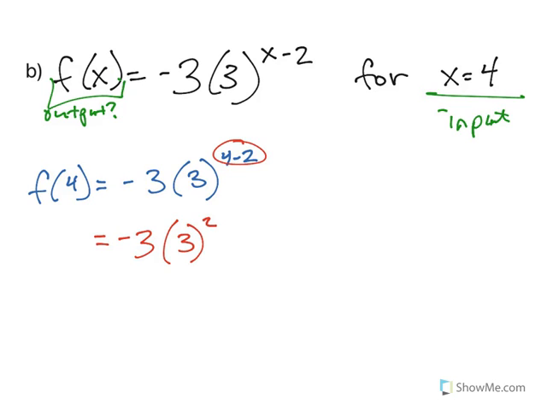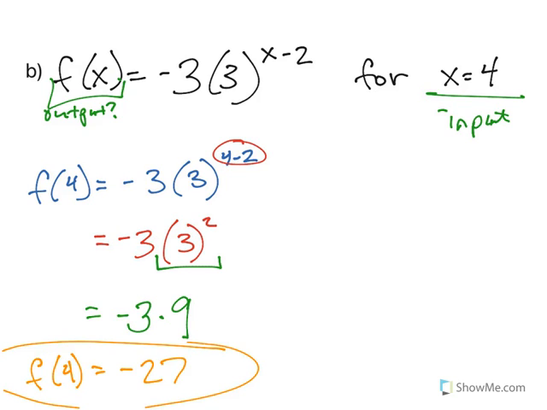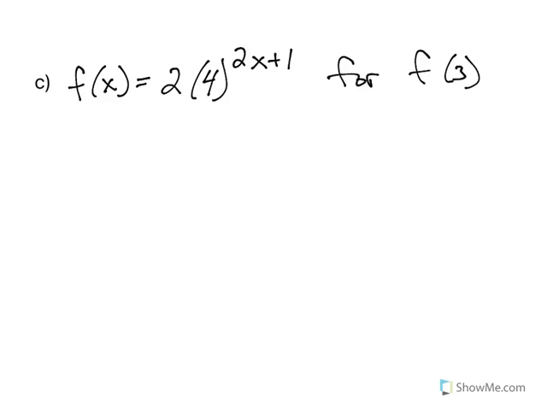The exponent of 2 just applies to the number that it touches, and in this case, it's a positive 3. So 3 squared is 9. I still have that -3 that comes down, and I now have -3 times 9, which is -27. So when the input is 4, the output is -27.